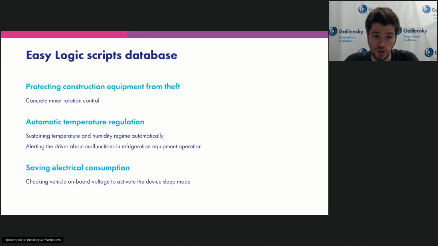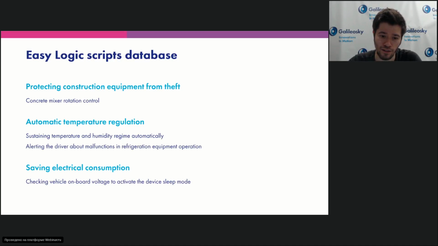For protecting construction equipment from theft, there is a script for concrete mixer rotation control. For automated temperature regulation for the trackers, we have scripts for sustaining temperature and humidity inside the vehicle and alerting the driver about malfunctions if refrigerator equipment shows incorrect temperature values.